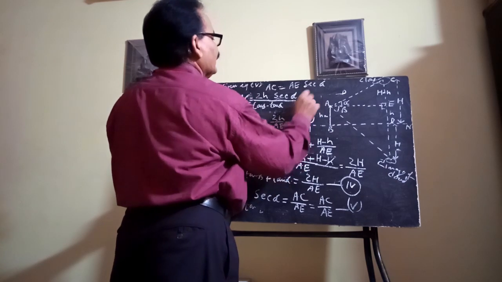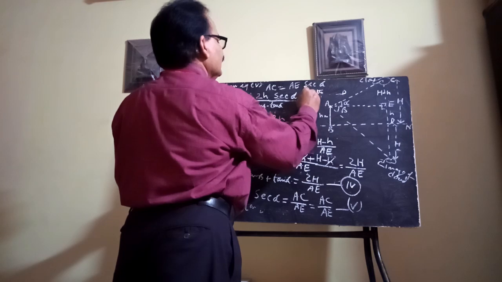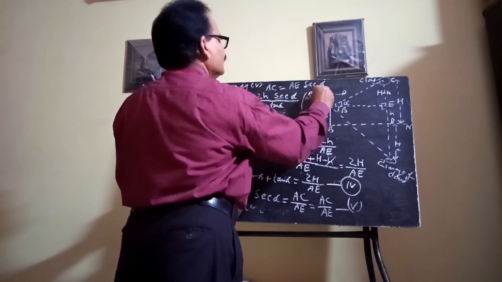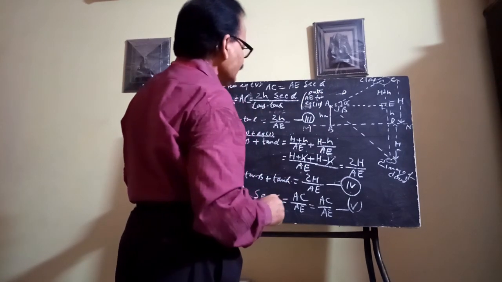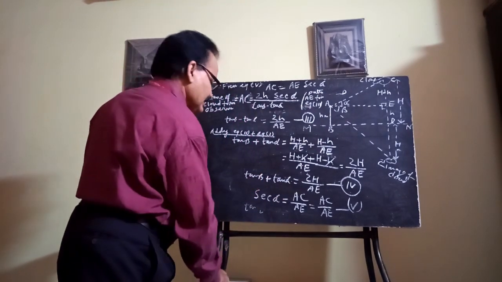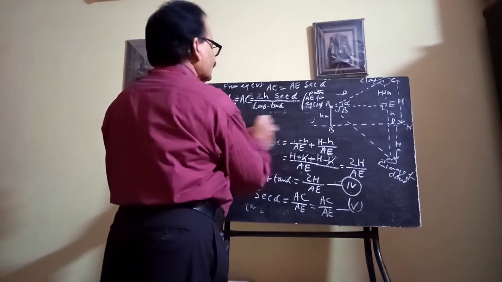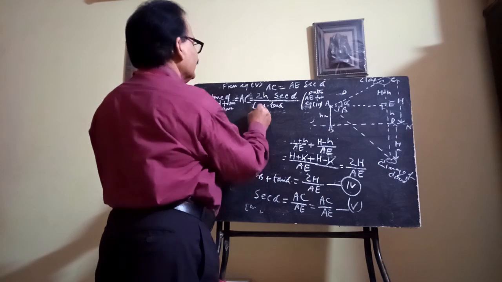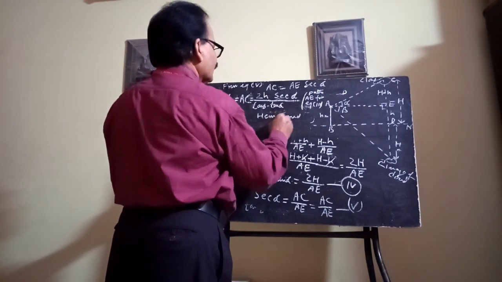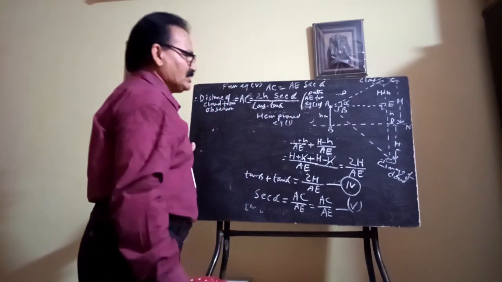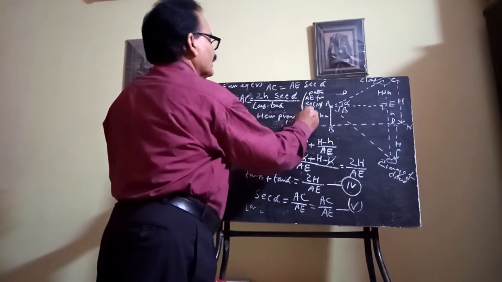You write it in the bracket, putting AE from equation 3. Okay, clear? Hence you can write: hence proved, question 1.